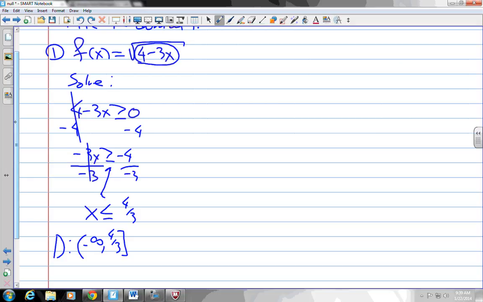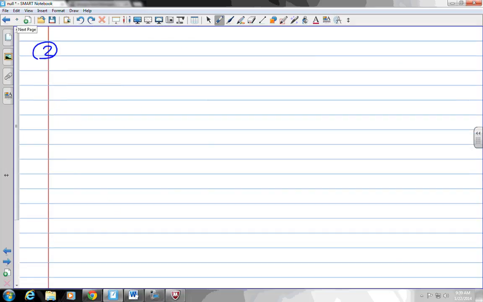All right, let's try another one. Let's take a look at this function: x over x squared minus 9.